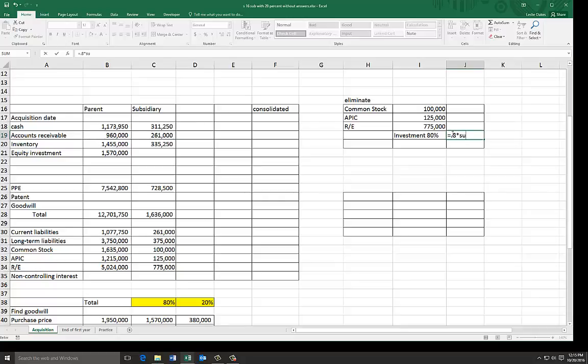I'm going to sum up the equity, which by the way is $1 million. We already know that. And this is the non-controlling portion, the remaining 20%.